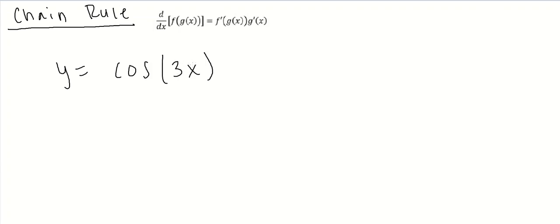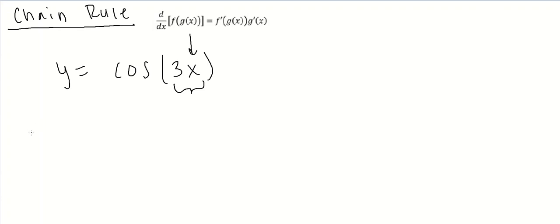So we call 3x our inside function and cosine our outside function because that is the order in which operations happen. If we were to plug a number in for x, then we would multiply it by 3 first, and then we would take the cosine of it. So this is my inner function that's nestled in, and then cosine is my outer function.